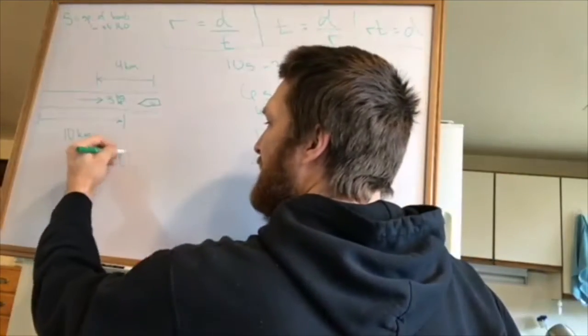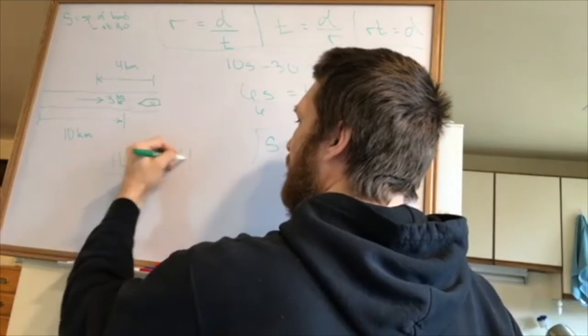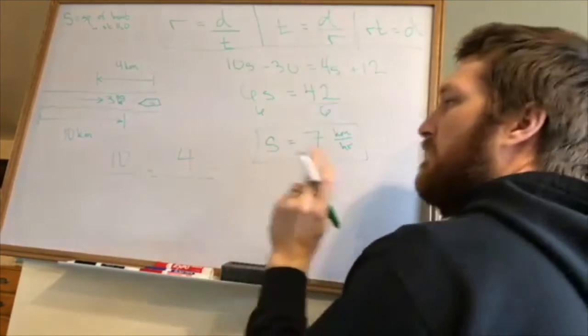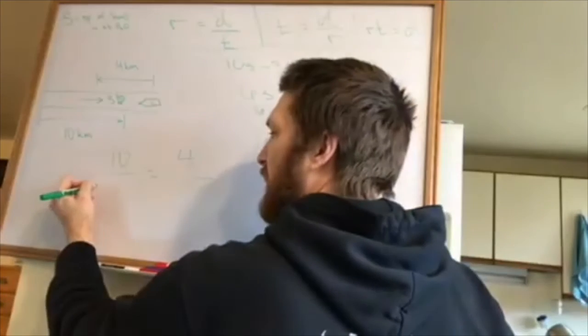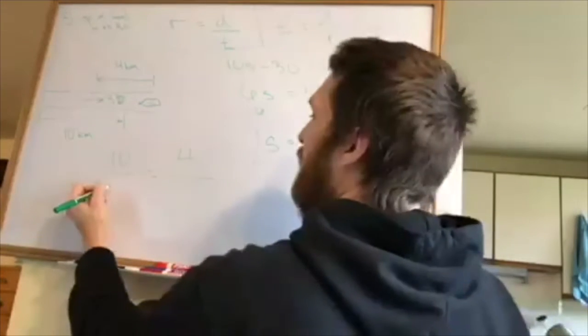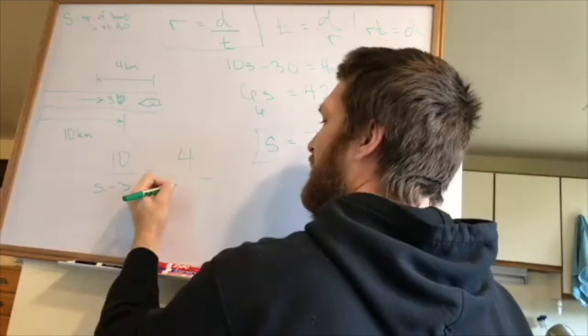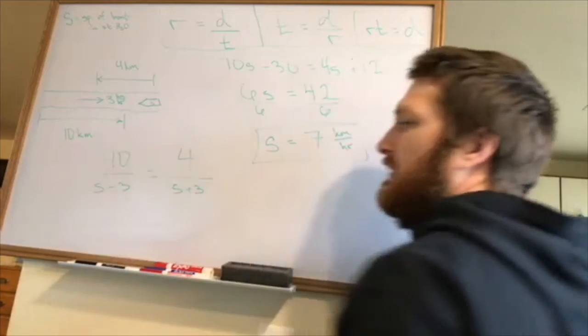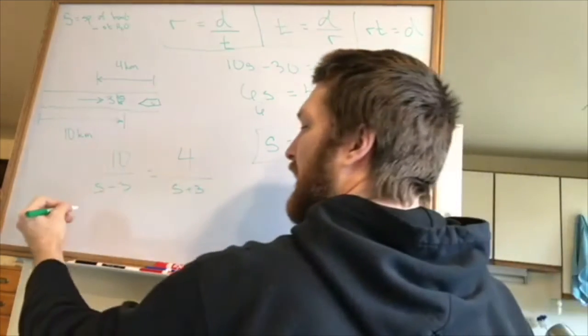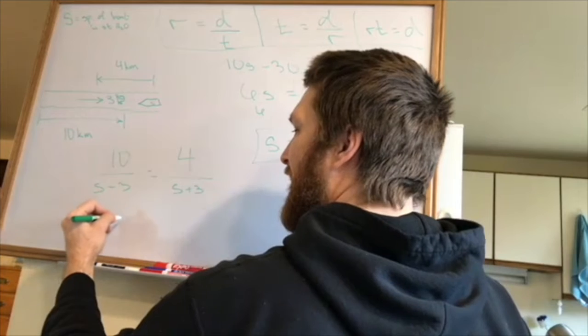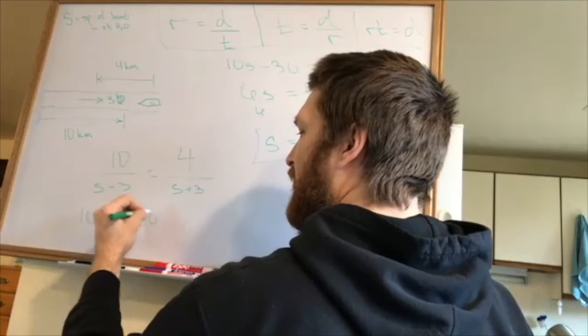Earlier, we had 10 and we had 4. If I had mixed these up, we would have said the speed minus and then the speed plus like this, and we would have ended up with 10S plus 30.